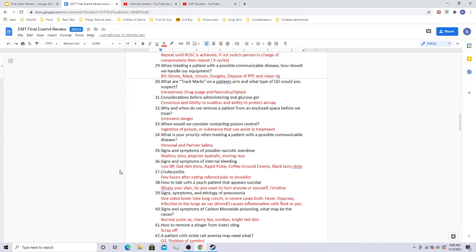So, I know that's not the most helpful when it comes to the epidemiology of a colitis. So it's gallbladder inflammation, if you're curious. It occurs a few hours after eating and will result in referred pain in the shoulder.